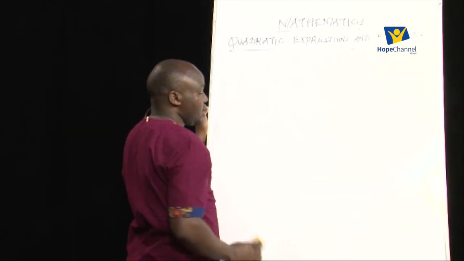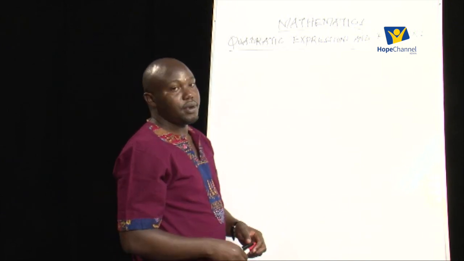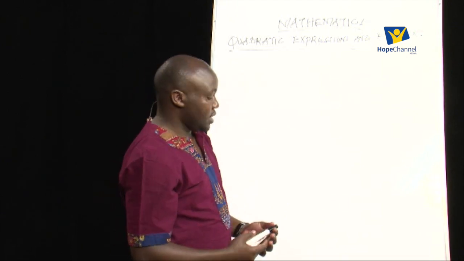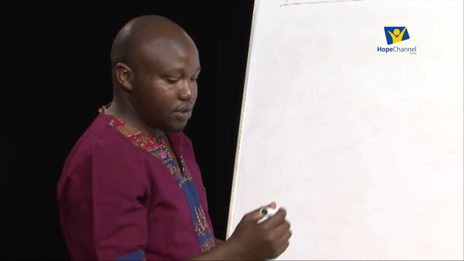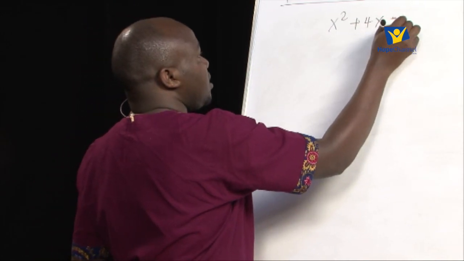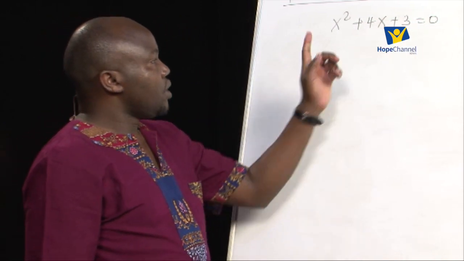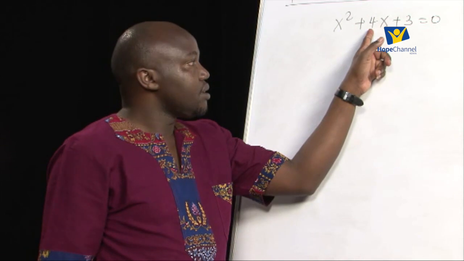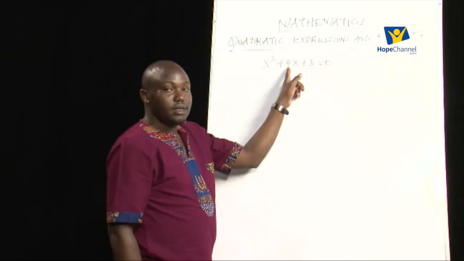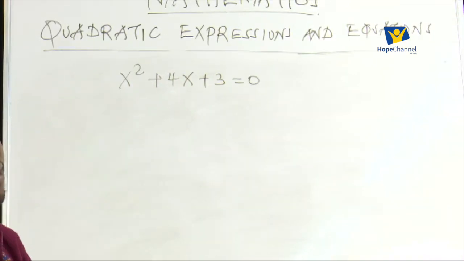When you add, you obtain b, and when you multiply, you obtain ac. Now for example, if I have x squared plus 4x plus 3 is equal to 0, which numbers can you add? You get 4.